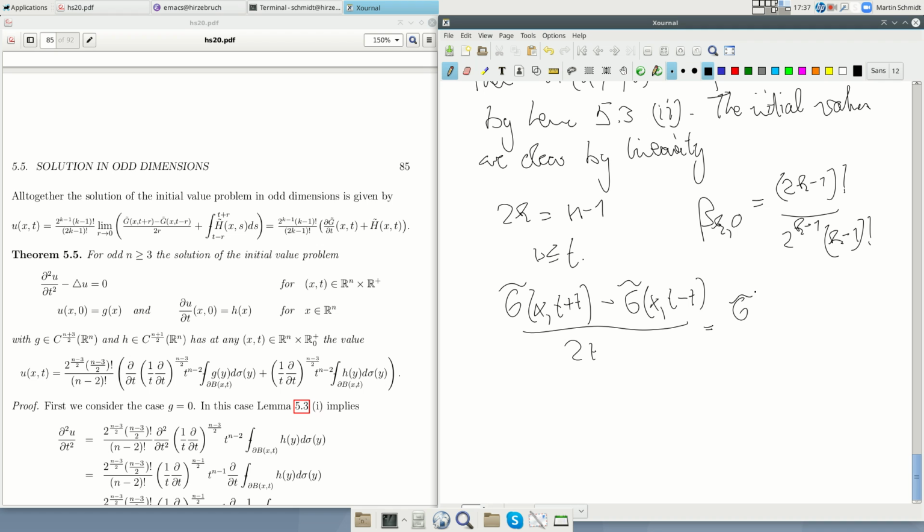Okay, this we may write as g tilde of x t plus r minus g tilde of x t divided by 2, and then 1/2 plus g tilde of x t minus g tilde of x t minus r divided by, here this should be an r.